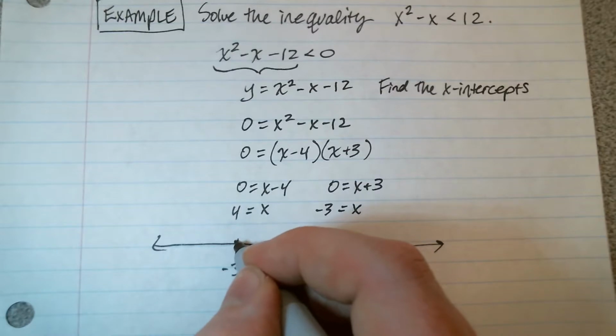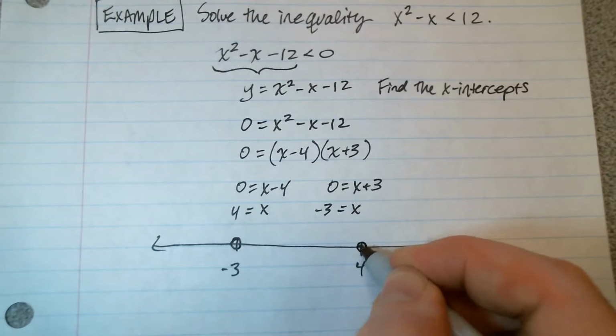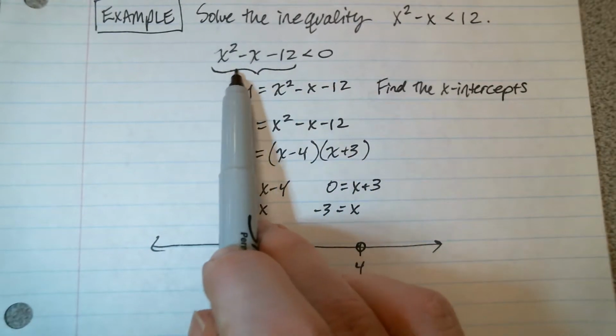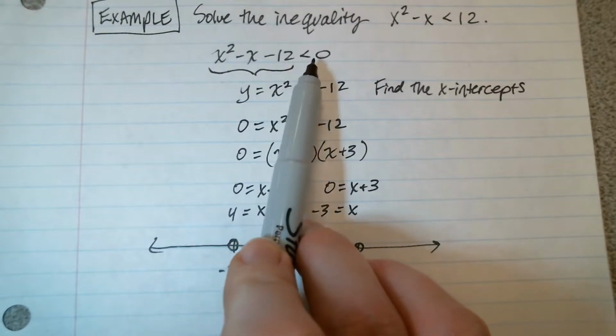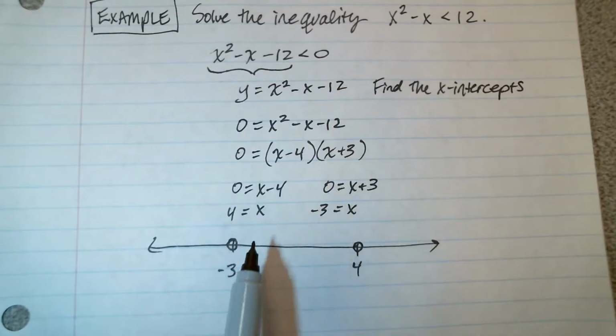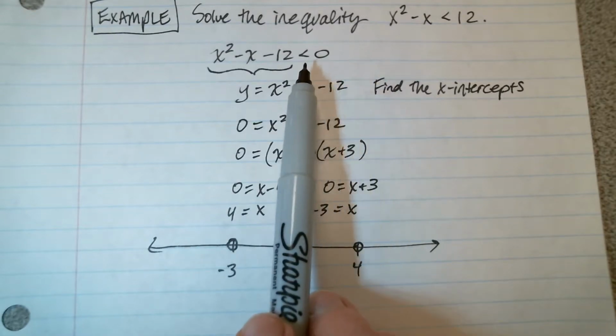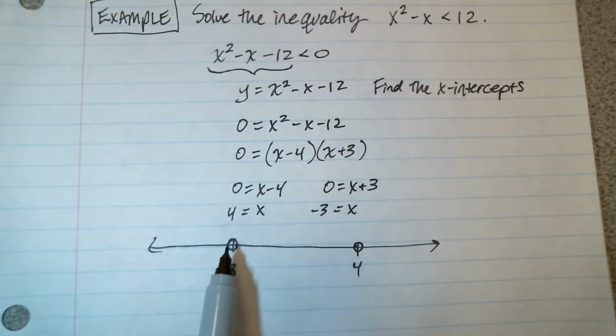So these are the places where this polynomial equals 0. But I want to know where this polynomial is less than 0. The places where it's equal to 0, here and here, divide my number line up into 3 regions.